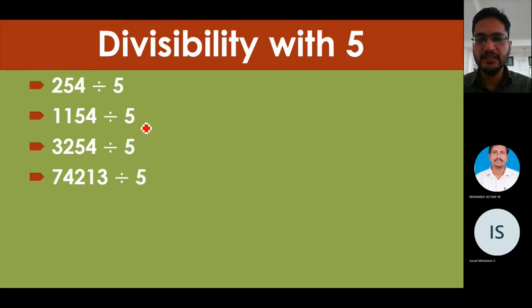Similarly, next number is 1154 and we want to divide it by 5. First we will multiply this number by 2. It is 2308. Now we will divide this number by 10, so its answer is 230.8.